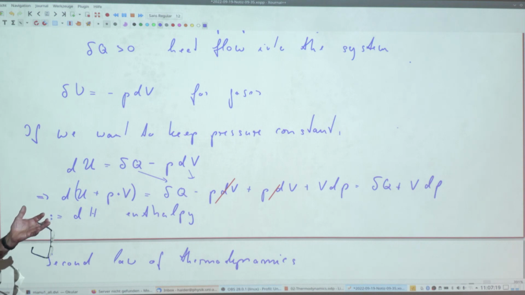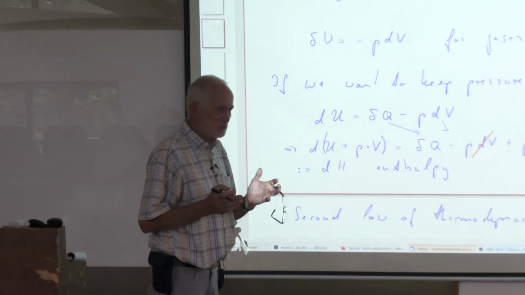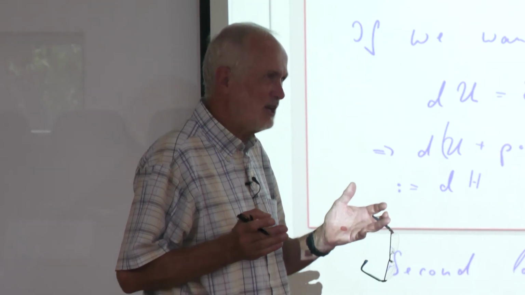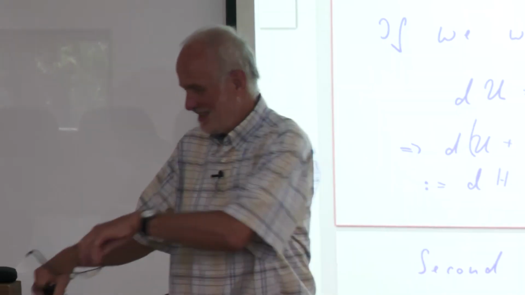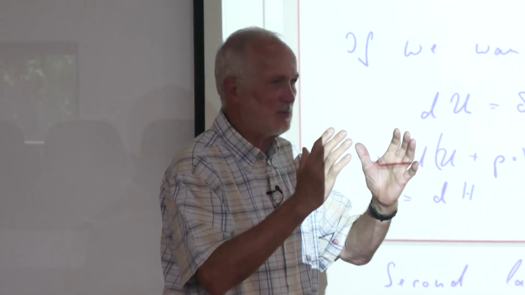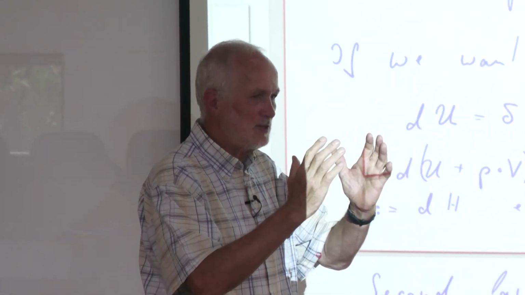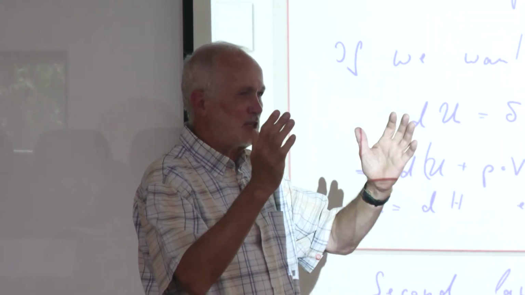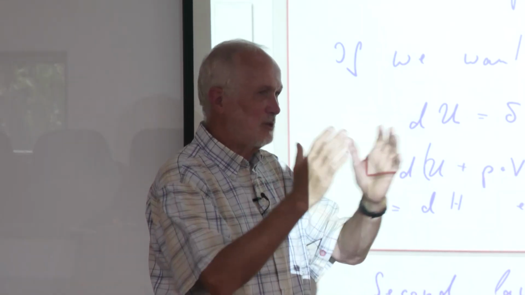Basically the difference between internal energy and enthalpy is whether you keep the pressure constant or the volume constant. Normally for solids we say it does not matter too much, because it's a simple case. If you keep the volume constant and you heat up, for example, or go through a phase transition, you would have a large expansion of your volume, but you don't allow it.